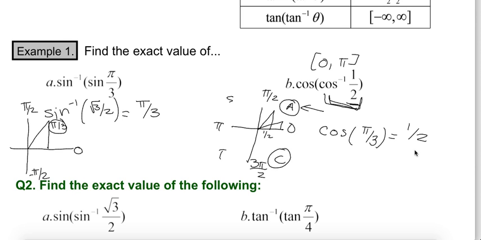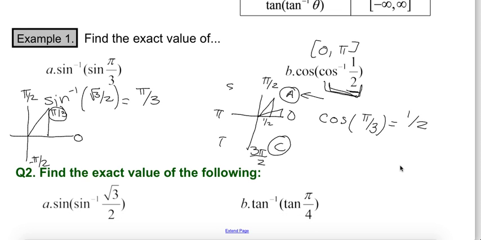Right, so see if you notice anything interesting about those two, and take a shot at question 2. You're going to find the exact values for A and B. Make sure you're taking into consideration the domain restrictions of sine, cosine, and tangent that we talked about in section 7.1.